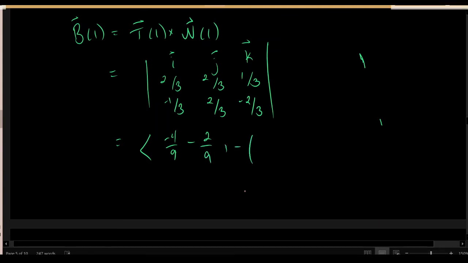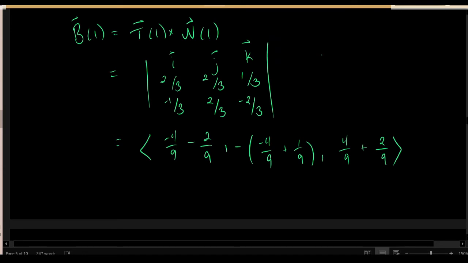For the x component, we have 2 times minus 2, which is negative 4 over 9. Take away negative 1 times 1, so add 1 over 9. And then for the y component, 2 times 2, 4 over 9. Take away negative 2 over 9.